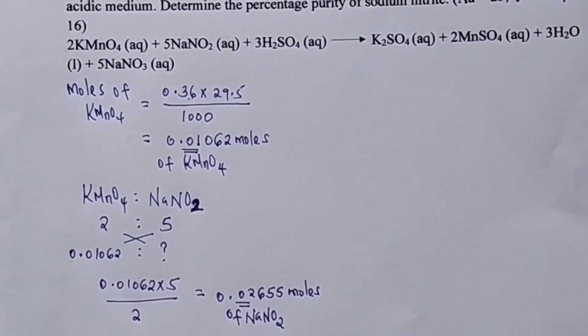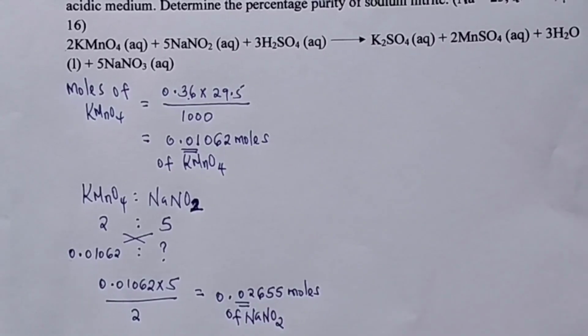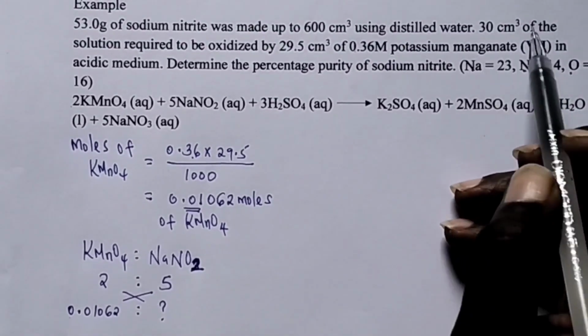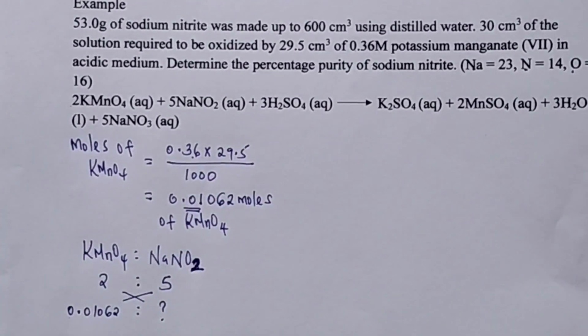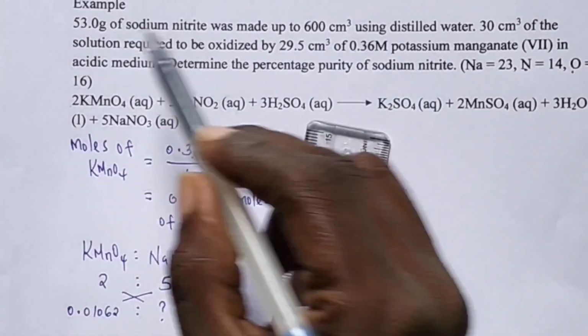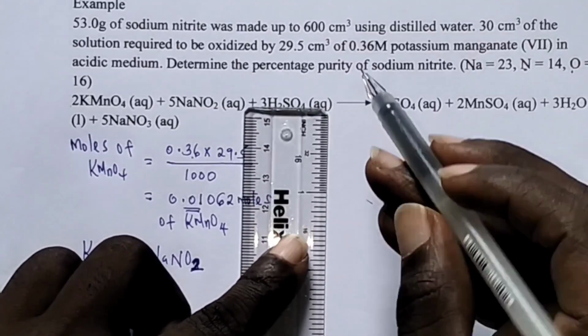So the next step: this number of moles has a volume of 30 cm³. We are told 30 cm³ of the solution required to be oxidized by this potassium manganate(VII) solution. So we ask ourselves, what about the 600 cm³ in which 53 grams of sodium nitrite was dissolved?